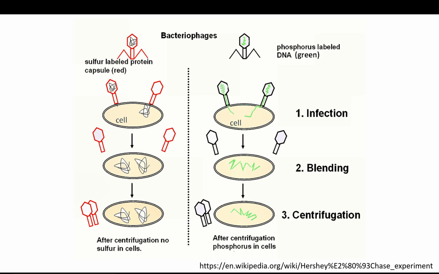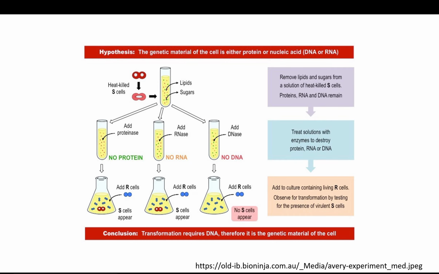cell. The next experiment, Avery's experiment, again used Streptococcus pneumoniae, the heat-killed S strain. The hypothesis was that the genetic material can be either protein or nucleic acids, and within nucleic acids, it can be DNA or RNA.